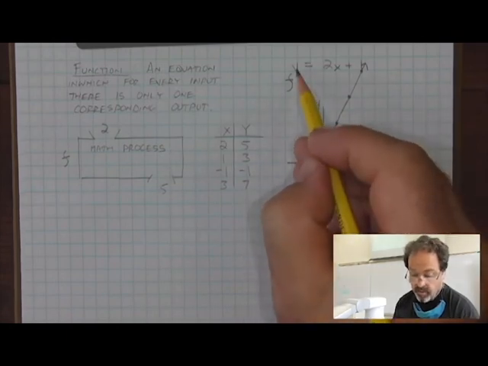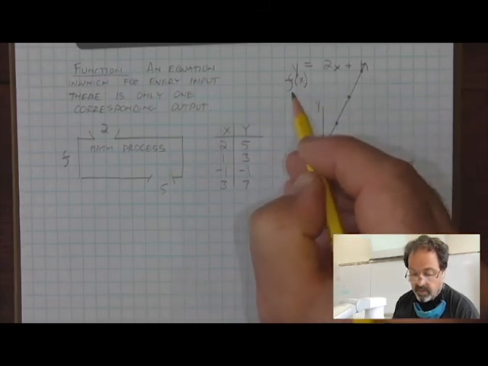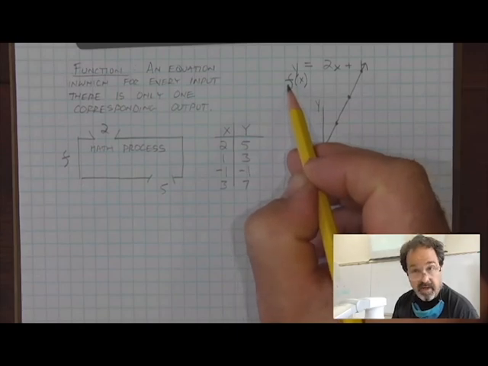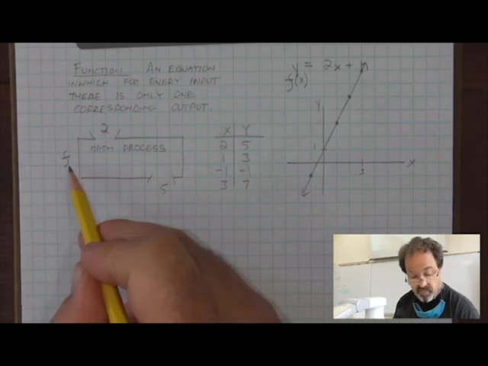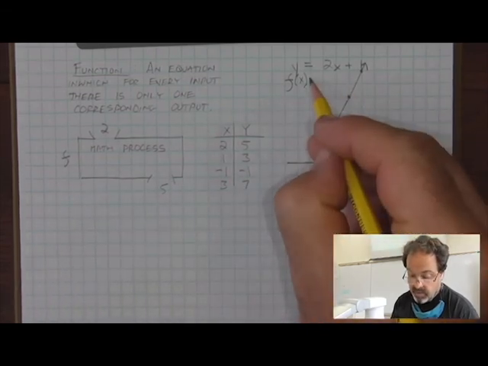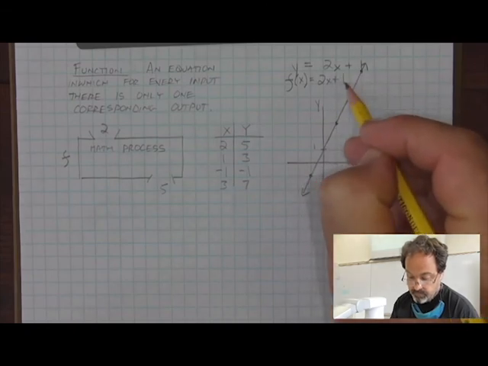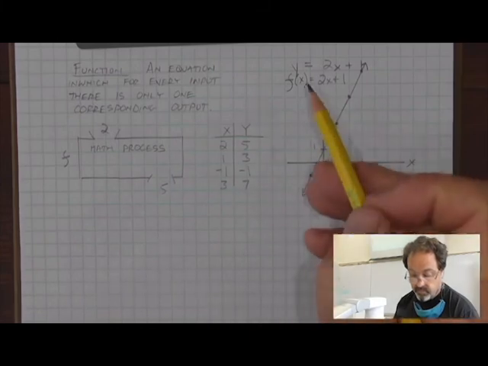So instead of y, if I replace it with f and then x in parentheses, this notation I could voice f of x, where the name of the function is f, as if the name of this machine was f. I could make it equal to the same mathematical process. F of x is equal to 2x plus 1. This is function notation.